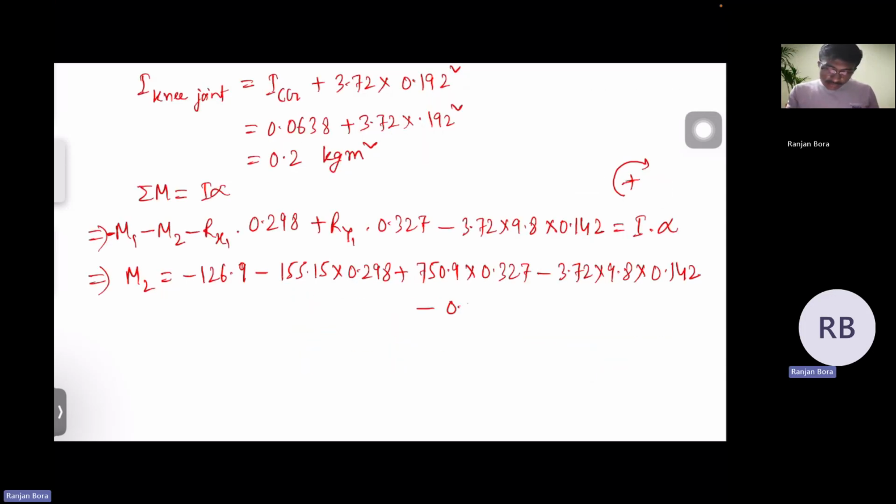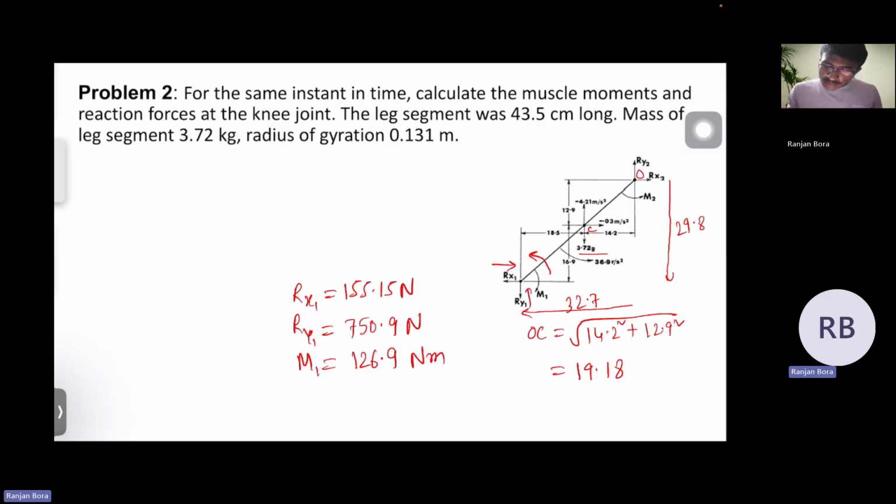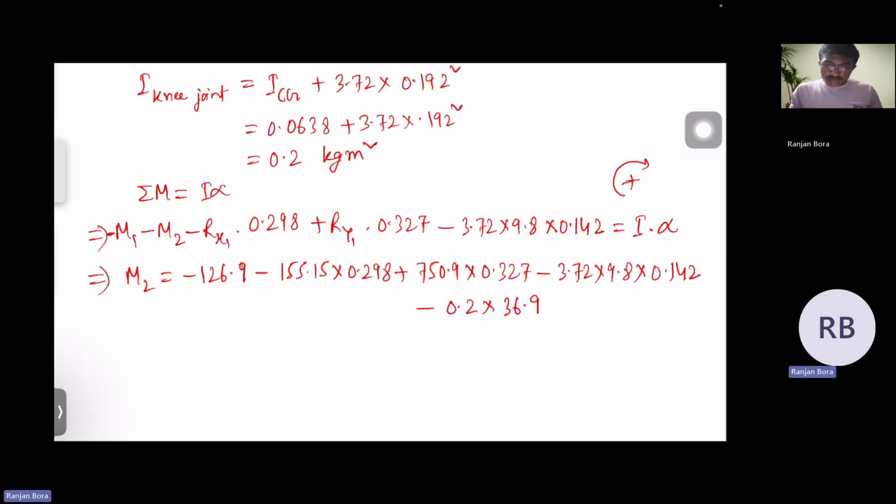I is 0.2 into alpha. Here alpha is given 36.9 radian per second square. So 36.9. Okay, now we will calculate it.